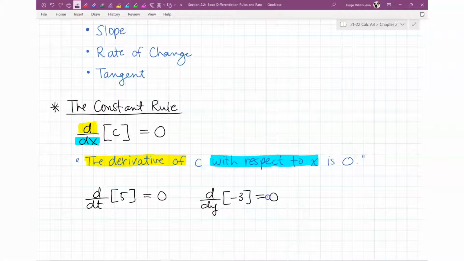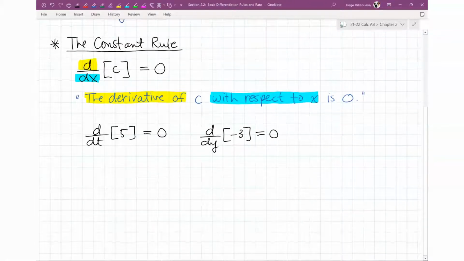So does it make sense that a derivative of a constant is 0? Yeah, because if you graph any constant function, it's a horizontal line. Horizontal lines have slopes of 0. Therefore, the derivative of a constant is 0. You're finding its slope, right? So that's why we have that constant rule, okay? So it's just saying anything that has a constant value, when you take a derivative of it, is going to be 0. Okay, so that's the constant rule.